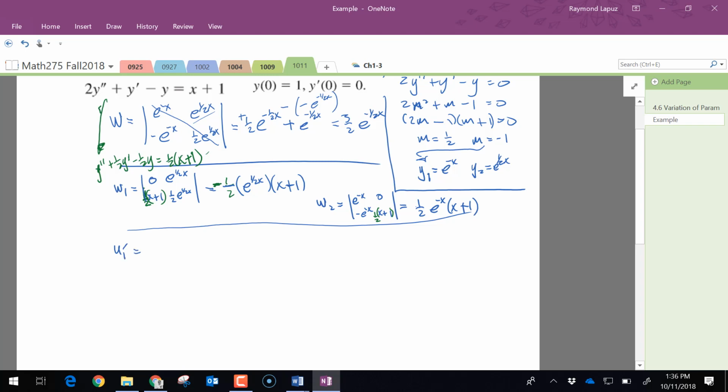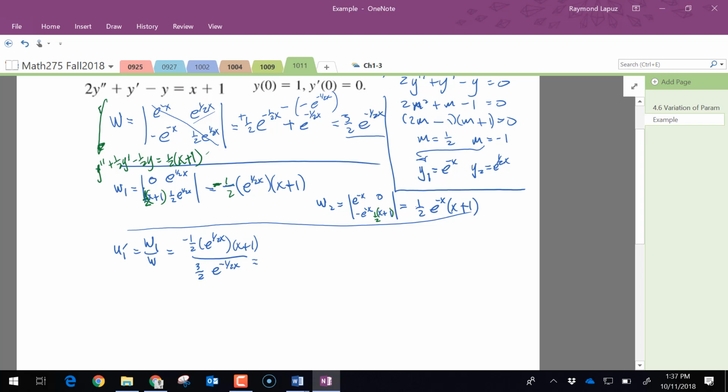U1 prime is going to be W1 divided by W, which is not a nice 1 anymore, but you've got a 1/2 e to the 1/2 x, x plus 1, divided by W, which was this 3/2 e to the negative 1/2 x. So now you have to negotiate in your head what this means, right? You're subtracting powers.